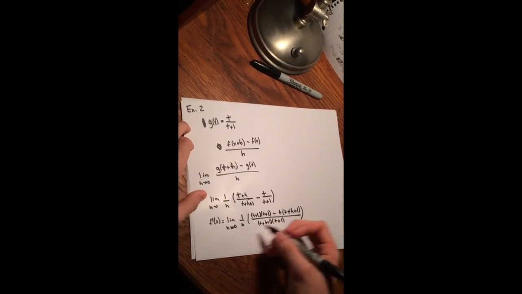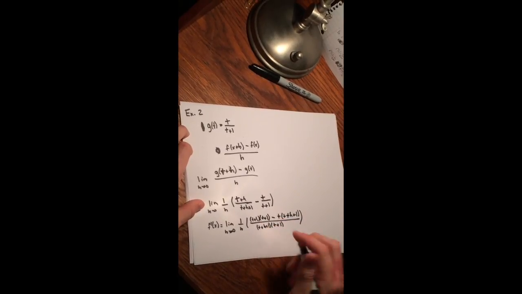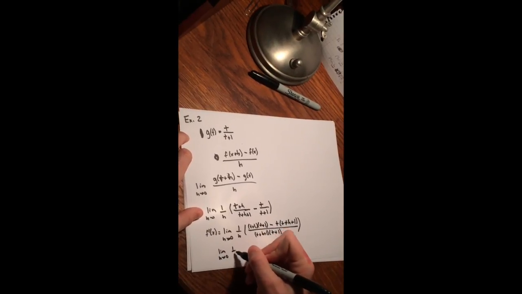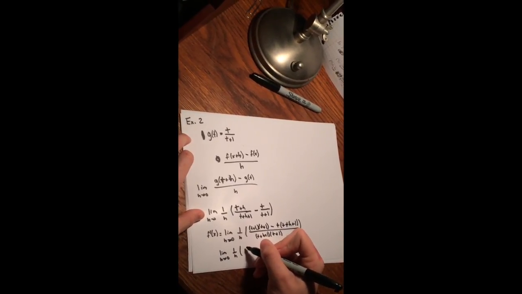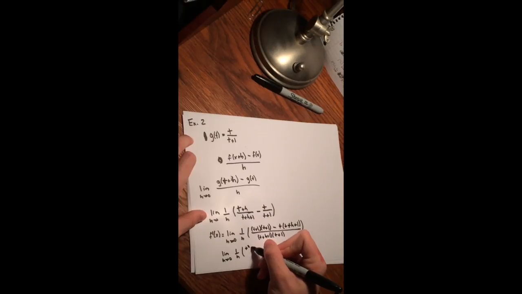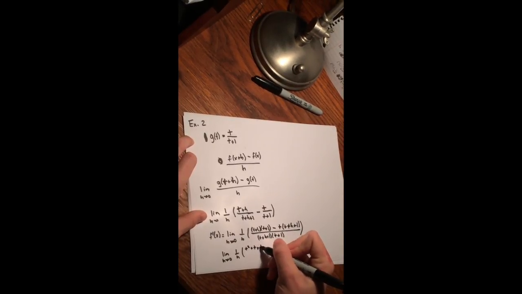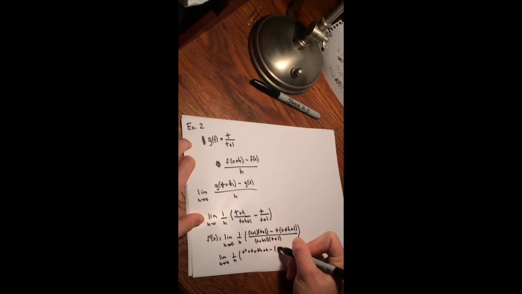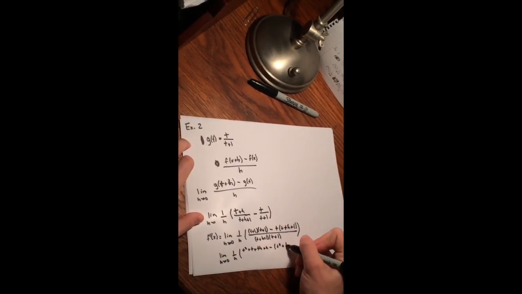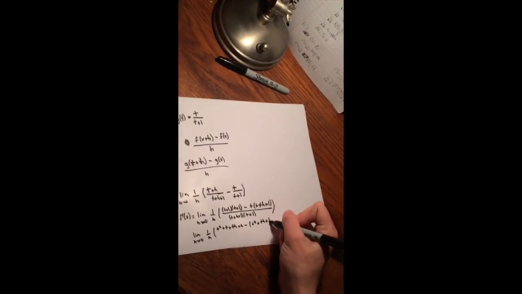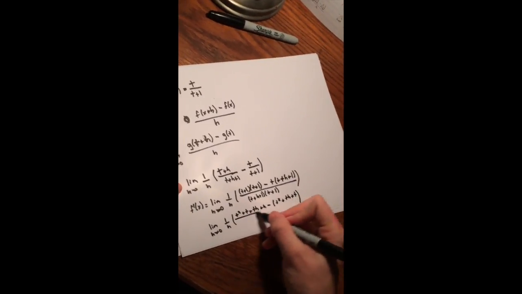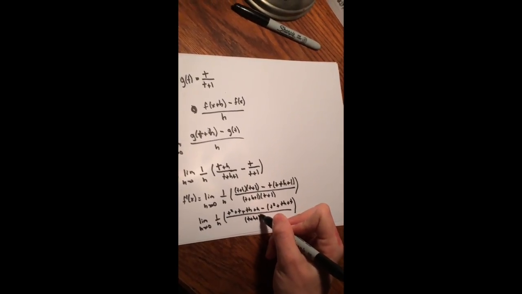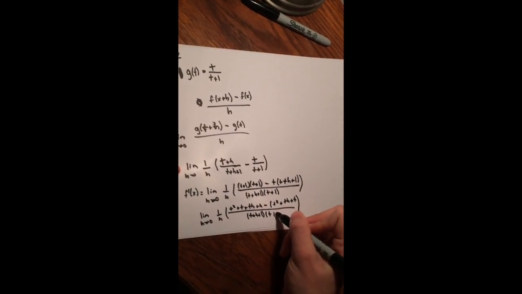Then we will simplify these equations, and as the limit approaches 0, it will be 1 over h times t squared plus th plus t plus h minus t squared minus th minus t. And then this is all over the denominator of t plus h plus 1 times t plus 1.